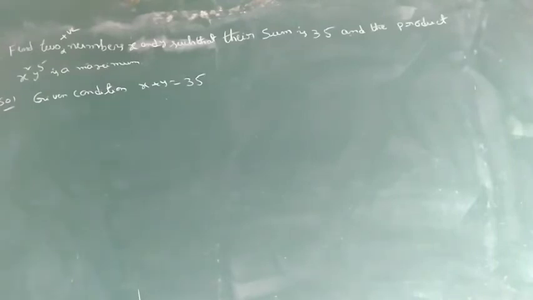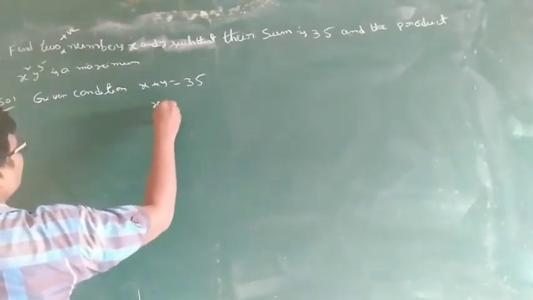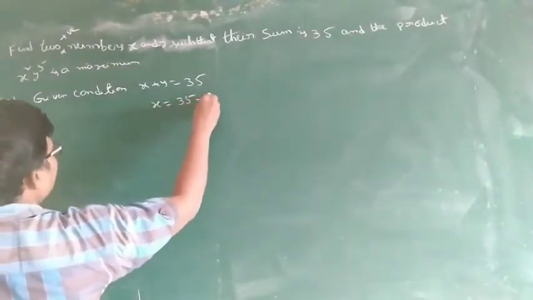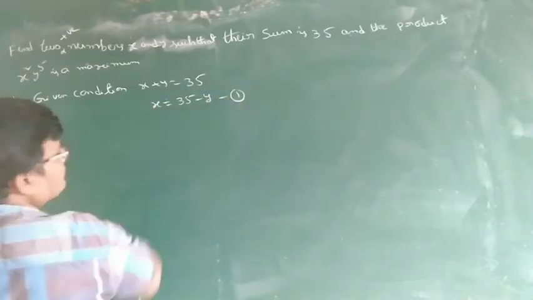The (a minus b) whole cube formula is difficult, so the (a minus b) whole power 5 formula is very difficult. So x is equal to 35 minus y is correct.